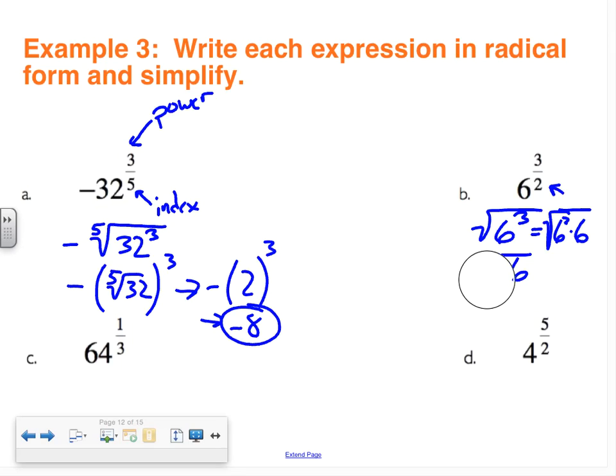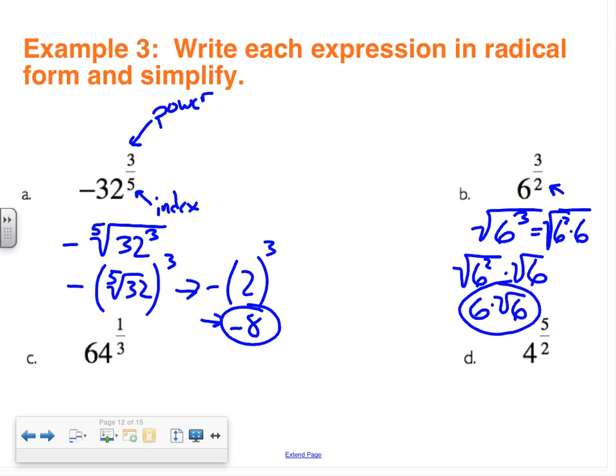Well, let's write it this way. The square root of 6 squared times the square root of 6. Well, the square root of something being squared is just 6 times the square root of 6. Final answer.